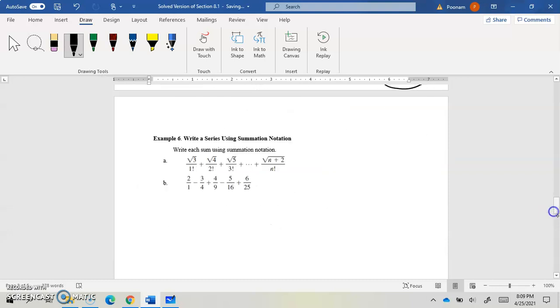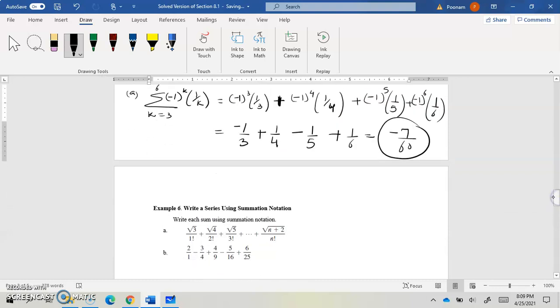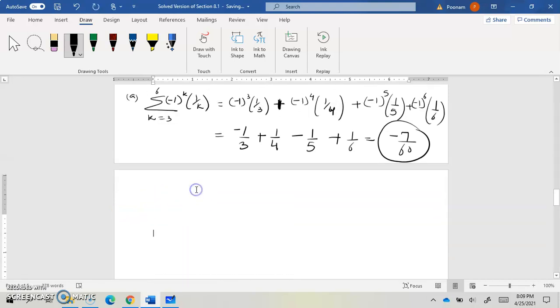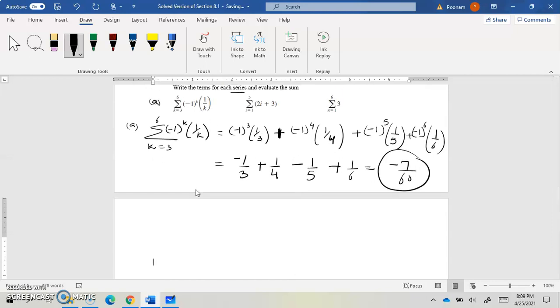Let's try part B. We have sigma 2i plus 3, i from 1 to 5. So when we plug in 1, we get 2 times 1 plus 3.